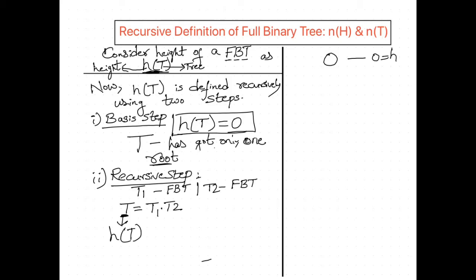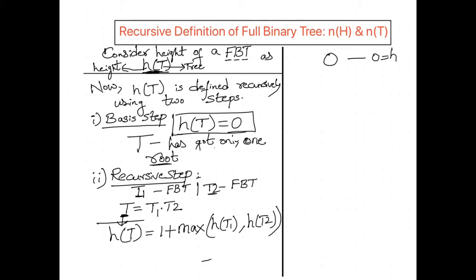That is equal to 1 plus max of the height of T1 and the height of T2. Max of height of T1 comma height of T2.